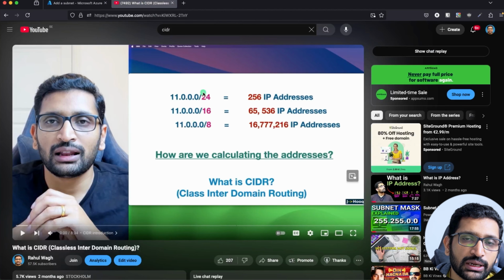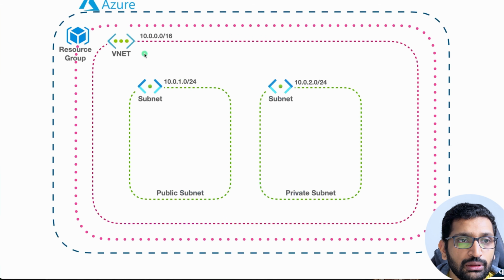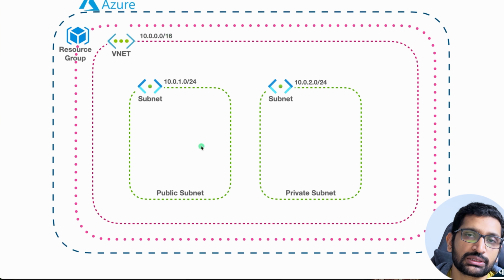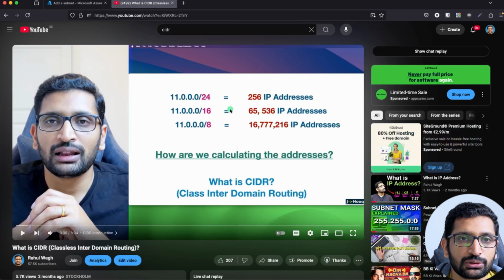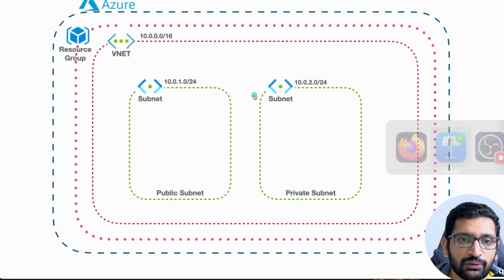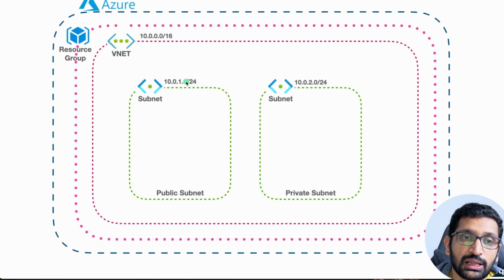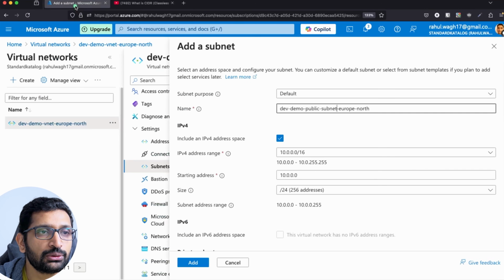If the CIDR range is ending with 16, then you have 65,000 IP addresses. The CIDR range of our VNet is ending with 16, so it has 65,000 IP addresses, but our subnets are a sub part of our virtual network, so we can keep the IP ranges lesser than the /16. For that, I'm going to choose /24, which means I will have 256 IPs within that particular subnet. For that reason, I'm ending with the /24 for both my public as well as my private subnet. Let's get back to our subnet settings.